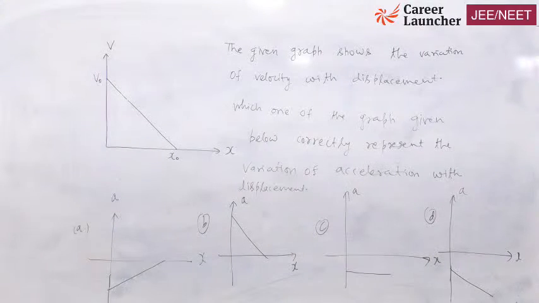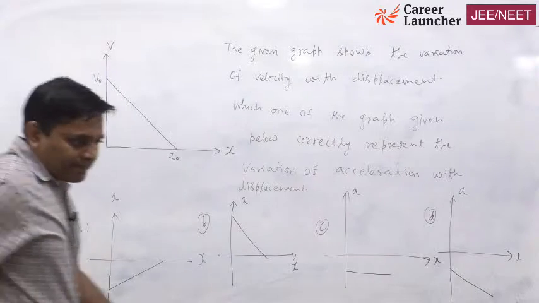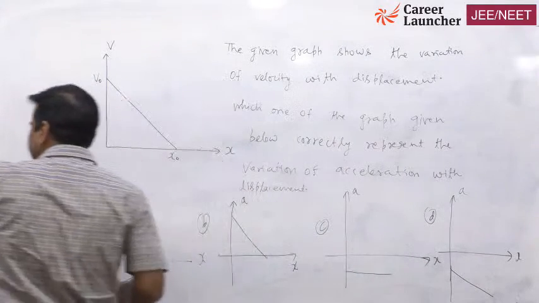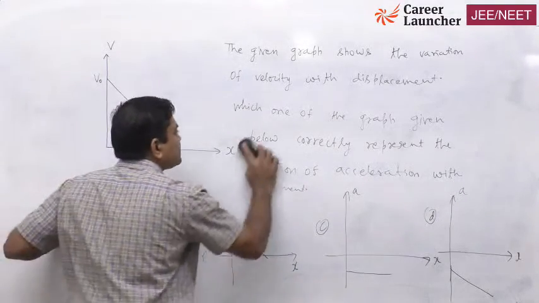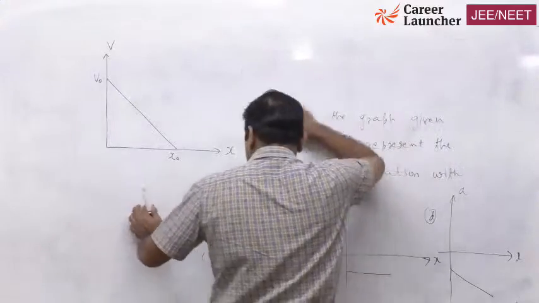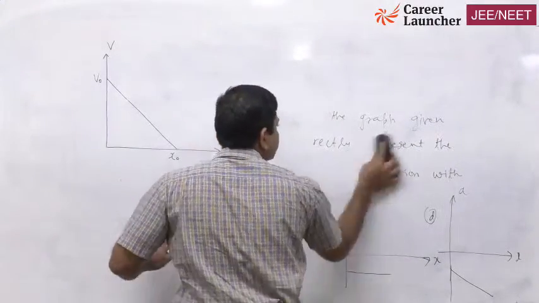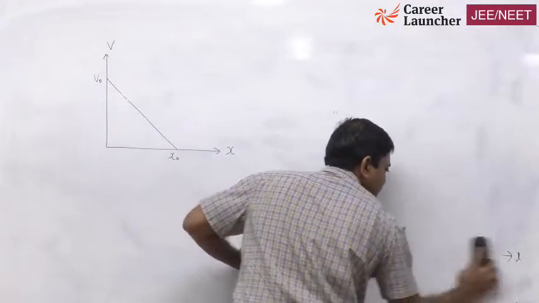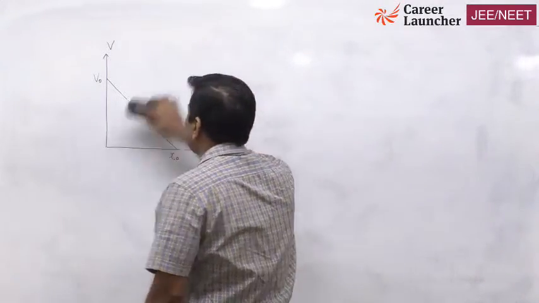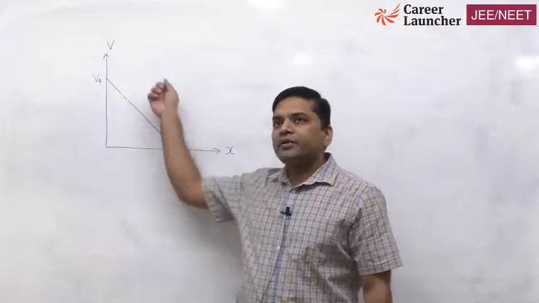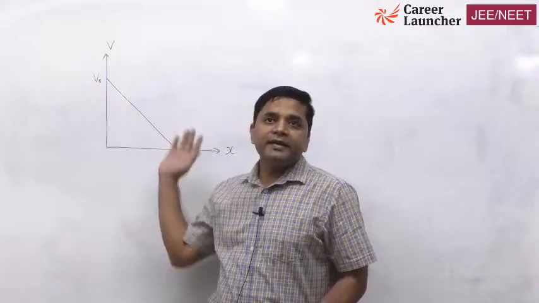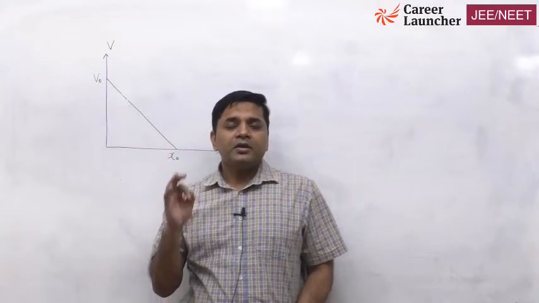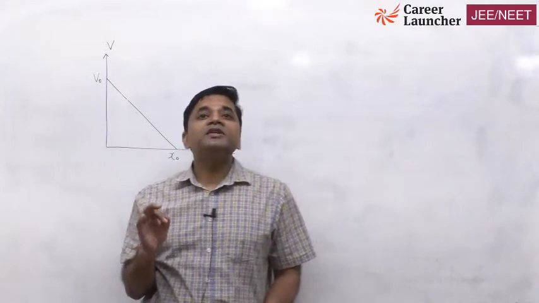Okay, now I'm going to discuss this question. See, here a V-x graph has been given, and you know very well that dV by dx doesn't give you any meaningful physical quantity.